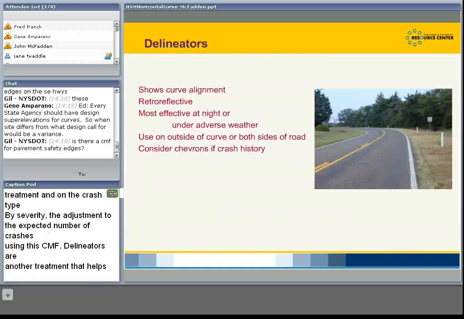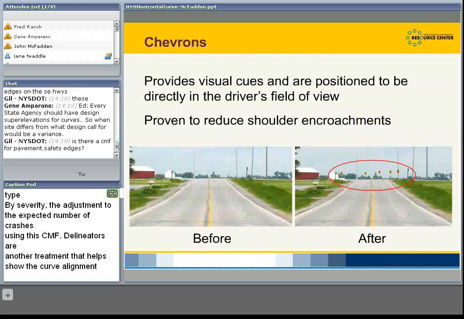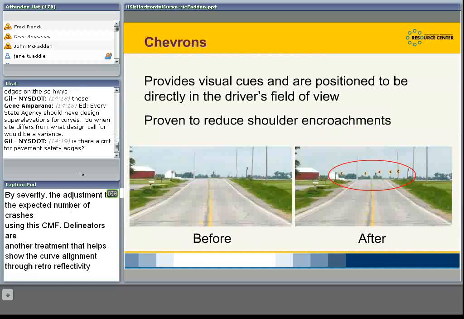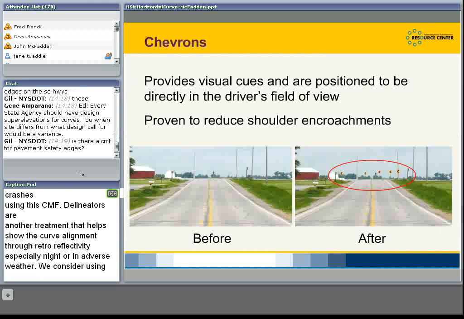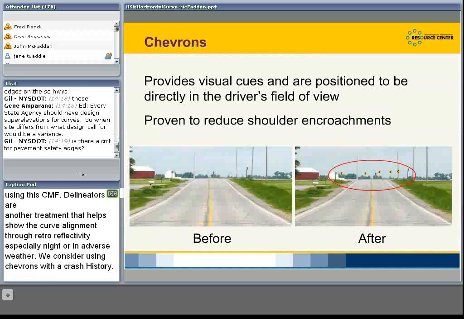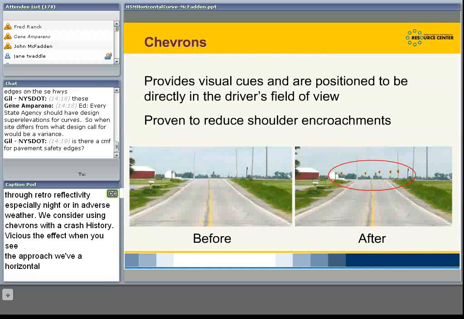In this case, they're unspecified. Future research will update that and adjust to reflect the effect of that treatment for the different possible roadway types and traffic volume conditions. And then on the crash type by severity, the adjustment to the expected number of crashes using this CMF.